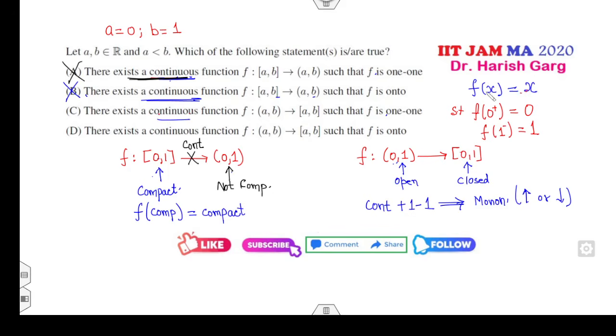So it is continuous and one-one, because it says there exists, not always. Again the function is onto; the same example, the function x is linear, one-one as well as onto, moreover a bijective map. The right answer is C and D.